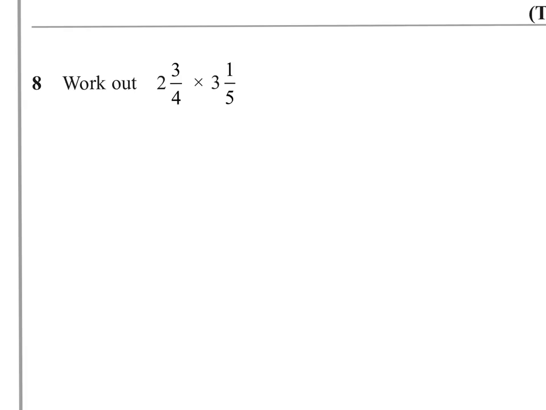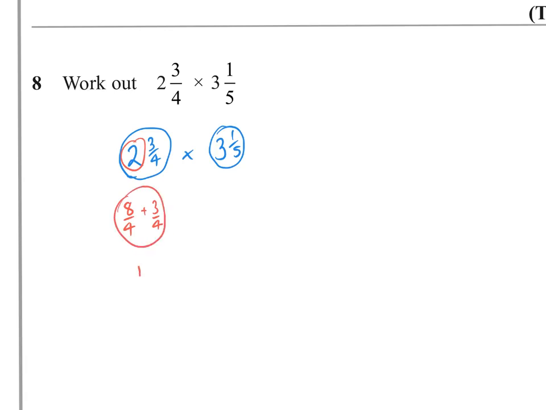Question 8. We have to work out 2 3/4 multiplied by 3 1/5. Well, let's get this fraction just in quarters, and let's get this fraction just in fifths. So 2 is 8/4, and the 3/4 that we've got already gives us 11/4.